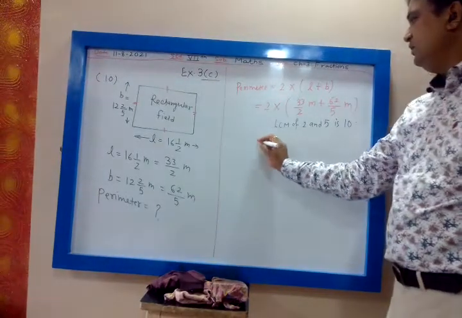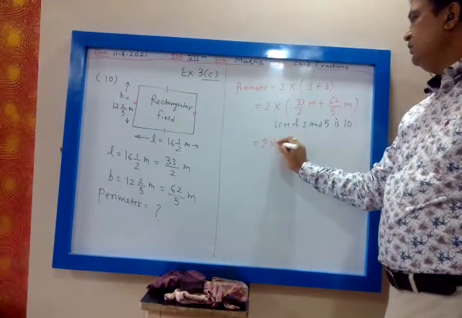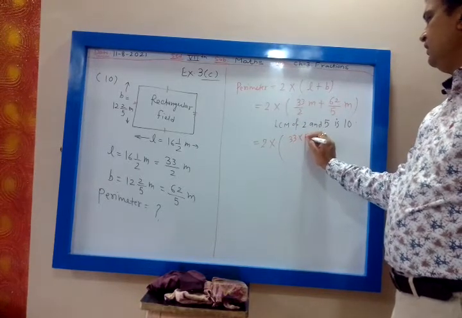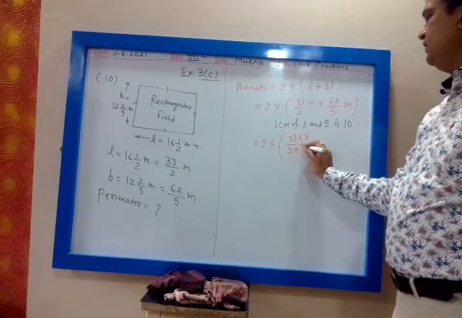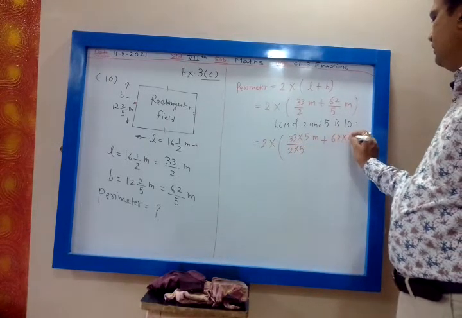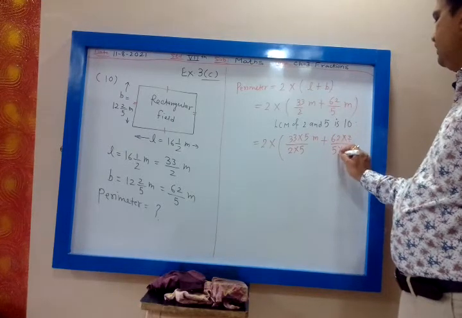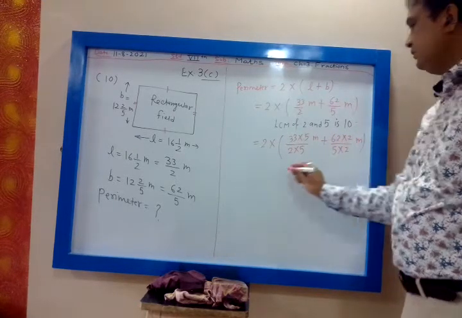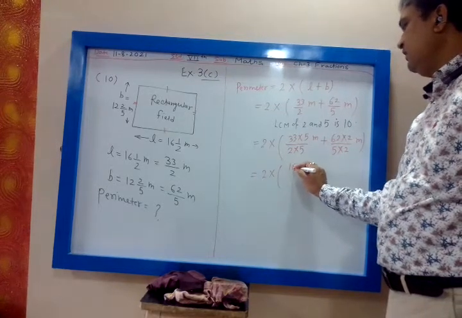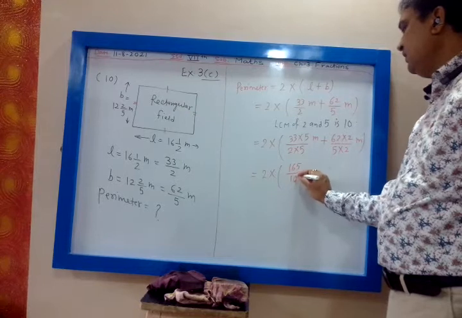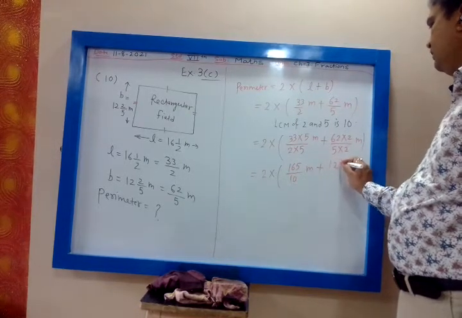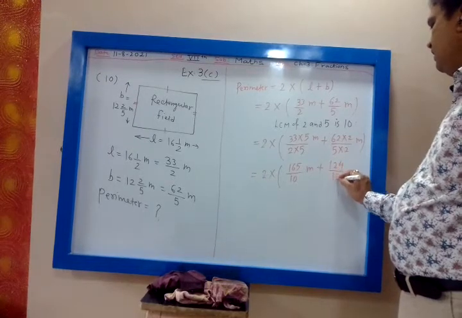So this is 2 into, yes, multiply this by 33 into 5 upon 2 into 5 meter plus 62 into 2 upon 5 into 2 meter. So this becomes 165 upon 10 meter plus 124 upon 10 meter.